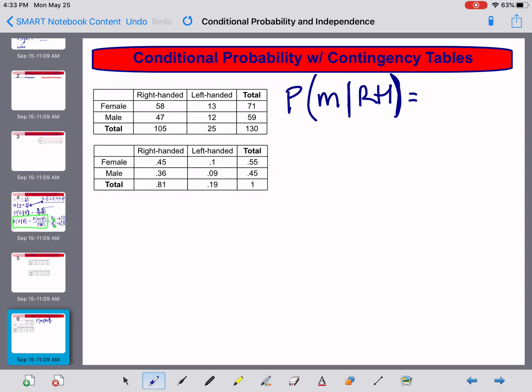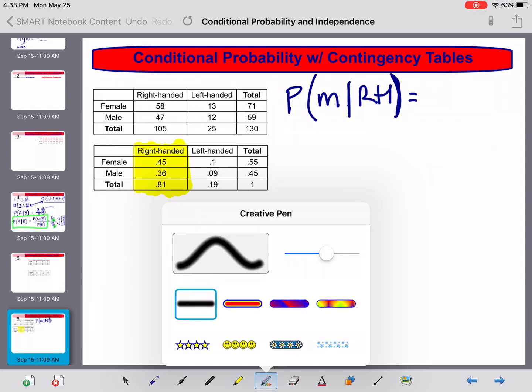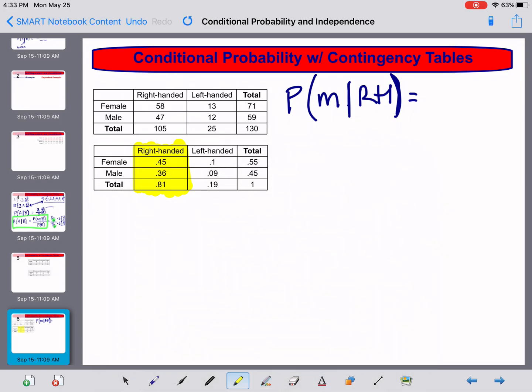Go ahead. All right. Now the reason this is conditional is because it makes us zone in on a certain thing. So given it's a right-handed person, the only thing I care about is this. All of this other junk I don't care about. So this is gone, this is gone.